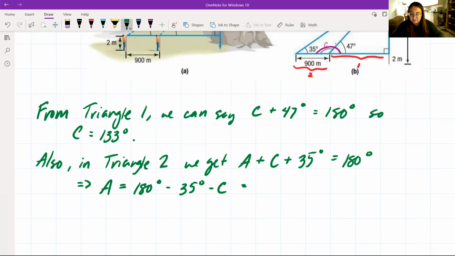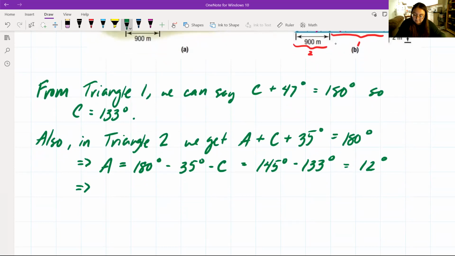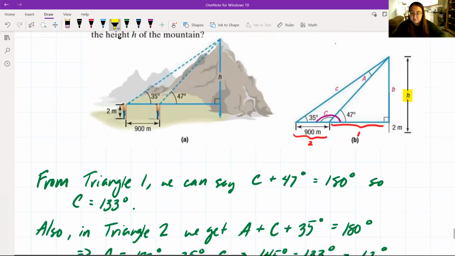So our value of A is now 180 degrees minus 35 degrees, which gives us 145 degrees, minus 133 degrees, which is C, gives us a value of 12 degrees. So A is 12 degrees, our angle measurement A.